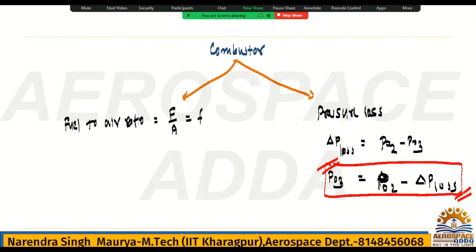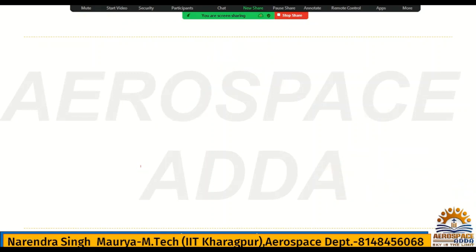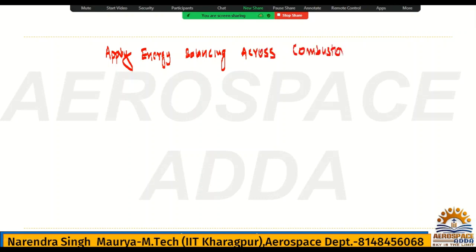Now, what is the fuel air ratio? How to get this? For this we need to apply the energy equation across the combustor. So we'll apply energy balancing across the combustor, or combustion chamber. This is our combustion chamber.